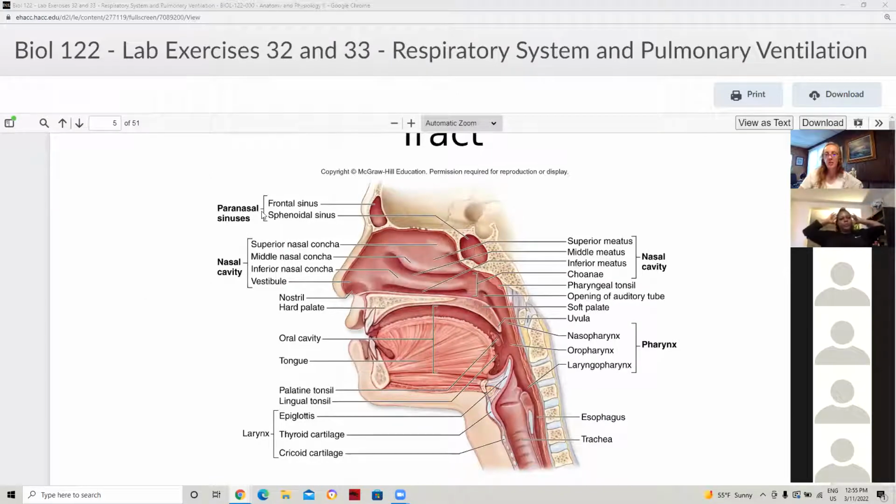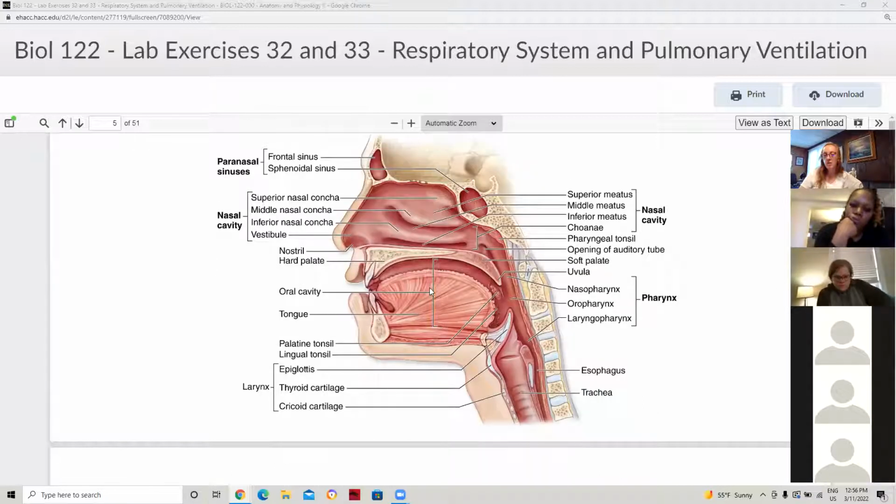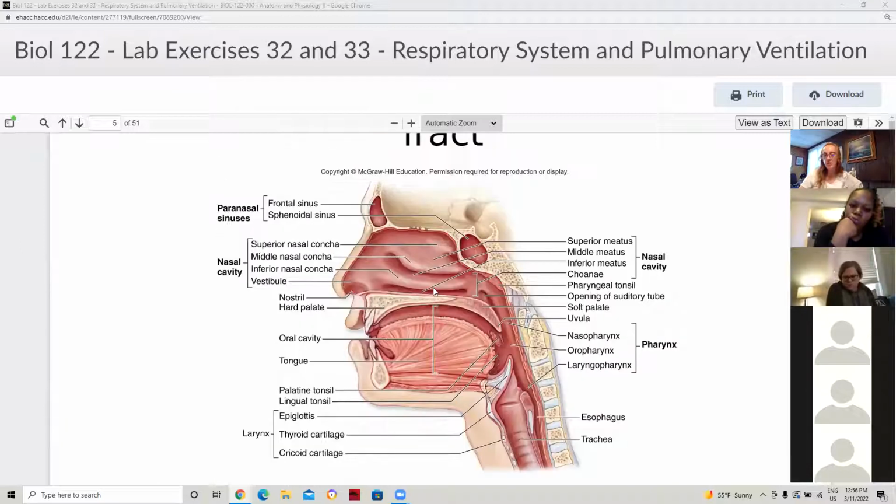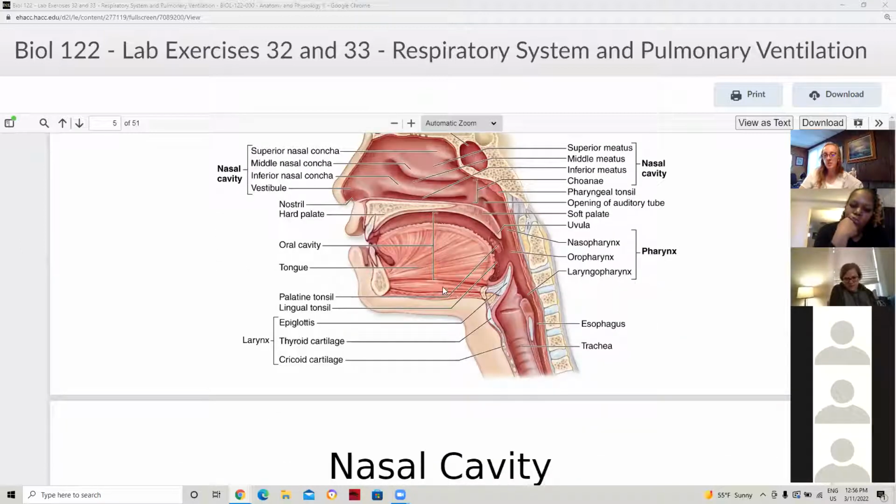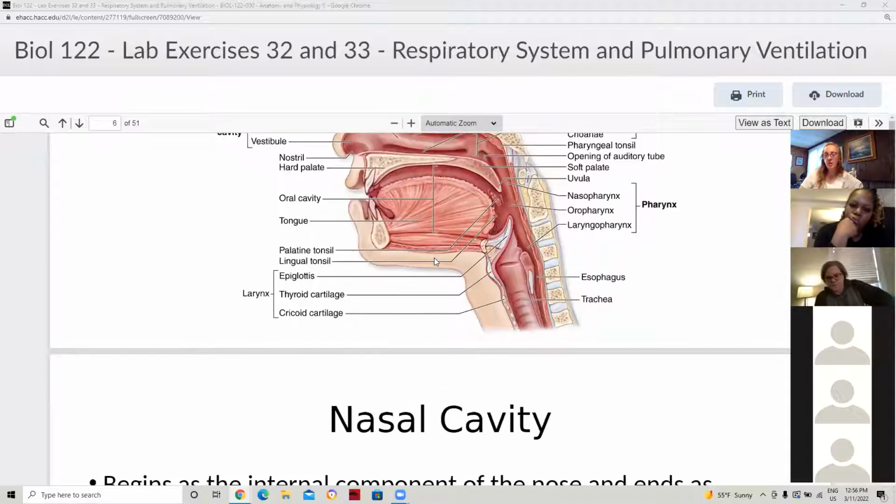So the upper respiratory tract includes the paranasal sinuses, the nasal cavity, the nostril, the hard palate, the soft palate, the pharynx. The oral cavity is not included because people don't predominantly breathe out of their mouth.